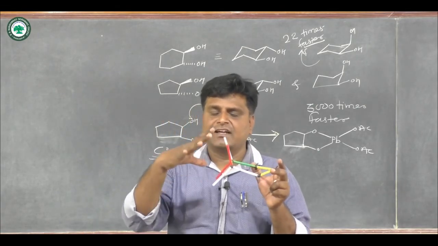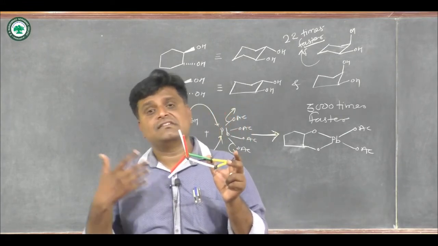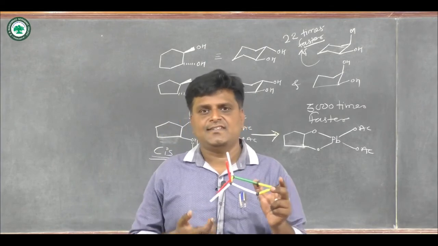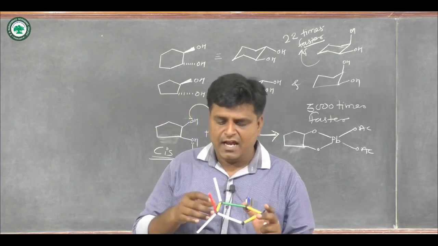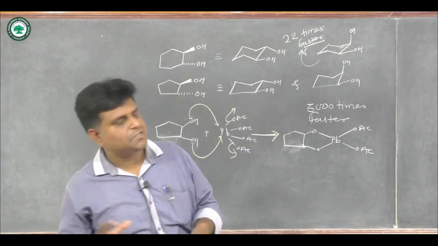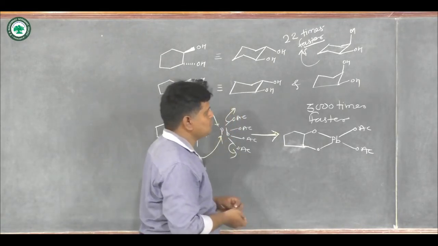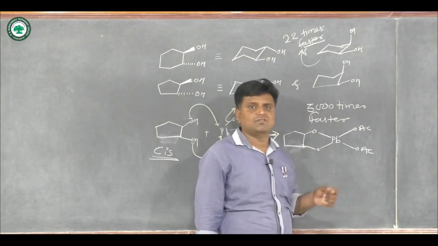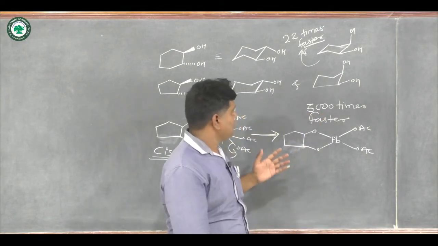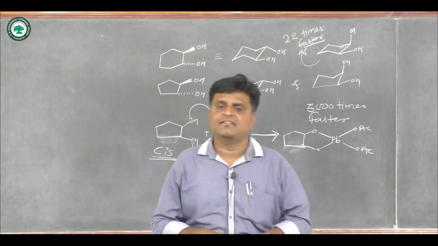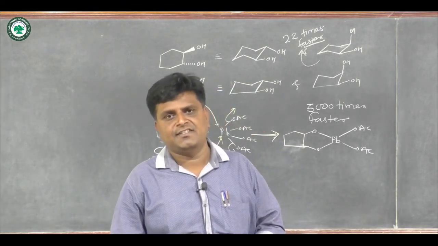Why? Because of the greater dihedral angle, the rate of reaction with lead tetraacetate is very low, so the difference between the cis and trans isomer is large, near about 3000 times faster than that of its corresponding 6-membered ring system.